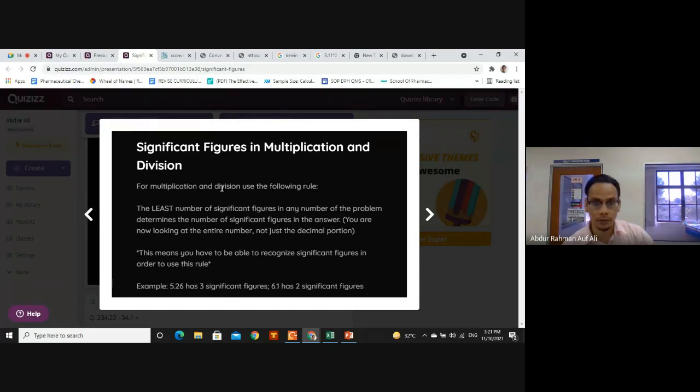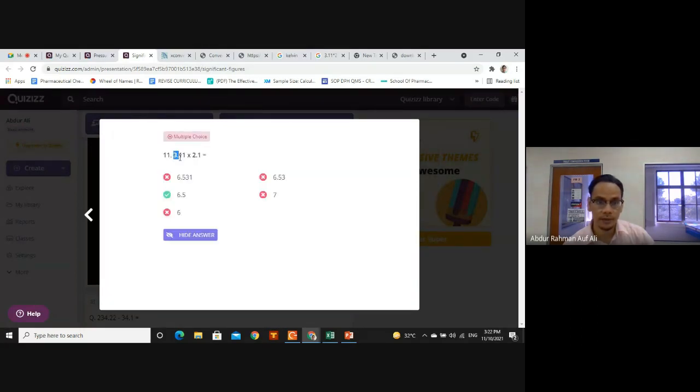choose the one with the least number of significant figures. Okay, so from the data that we have, ini maksud saya data. Kita ada dua value, 3.11 dan 2.1. So establish which one yang ada lebih rendah nilai significant figures. So 3.11 ada 3 significant figures, 2.1 ada 2 significant figures.